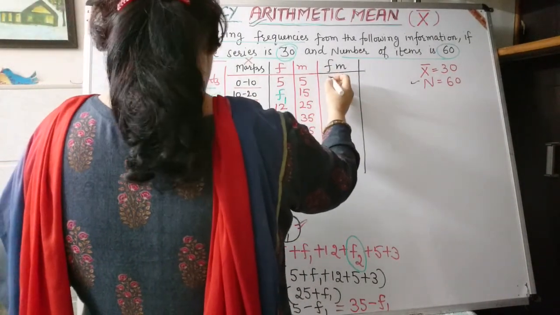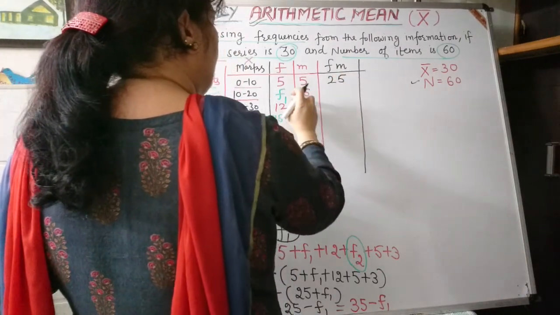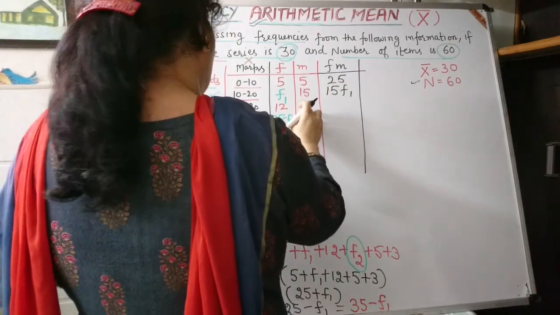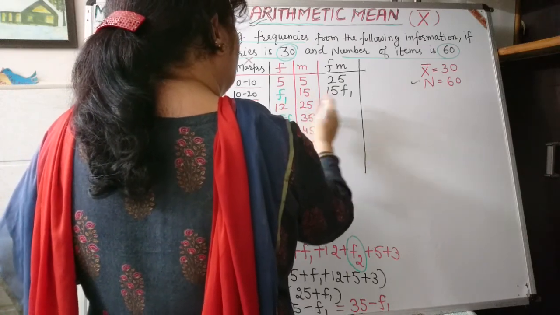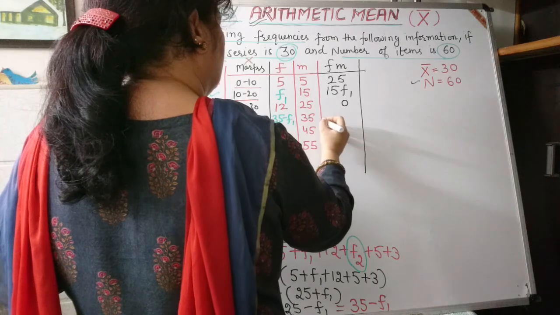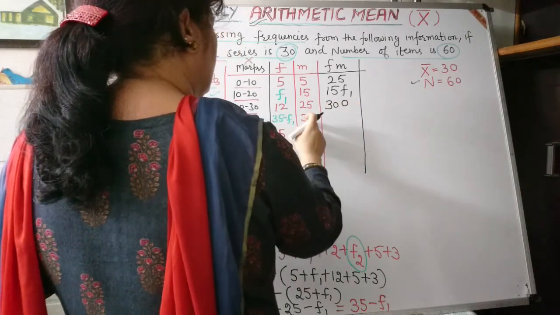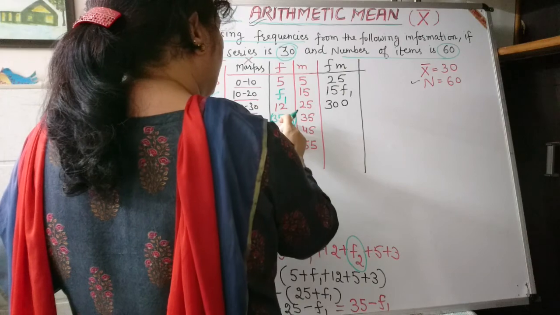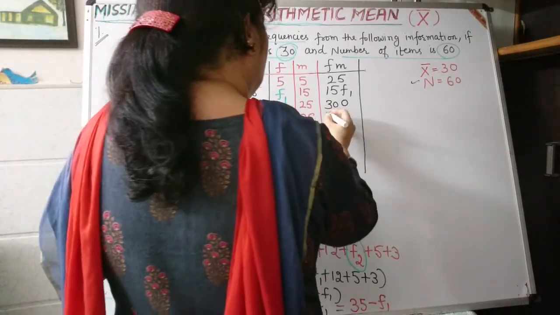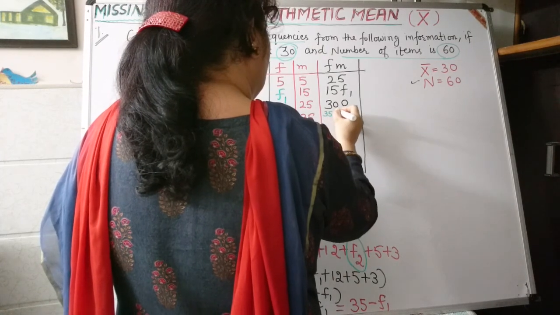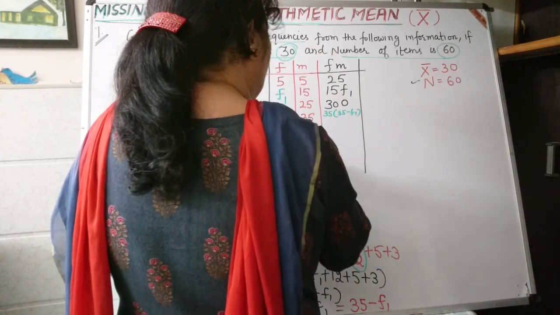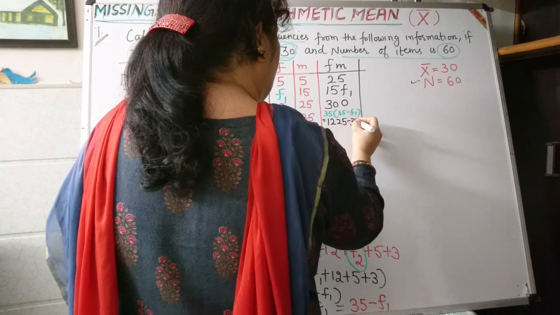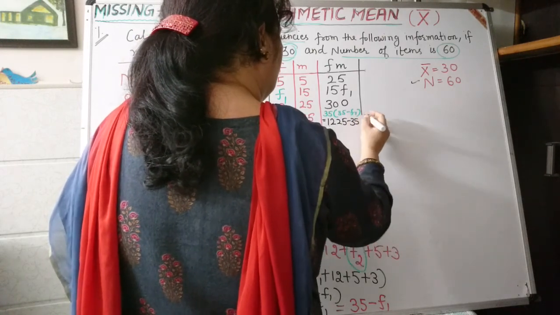So 5 multiplied by 5 is 25, then 15 multiplied by F1, 15 F1, then 25 multiplied by 12, 300, then 35 multiplied by (35 minus F1), so the value will be 1225 minus 35 F1.